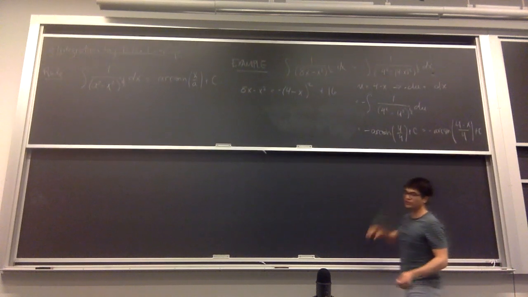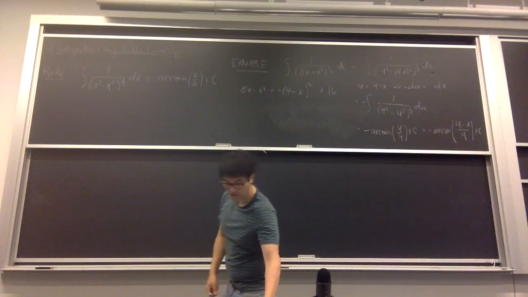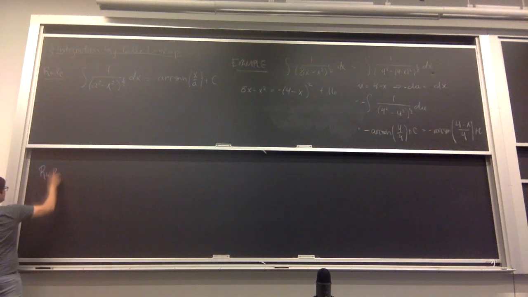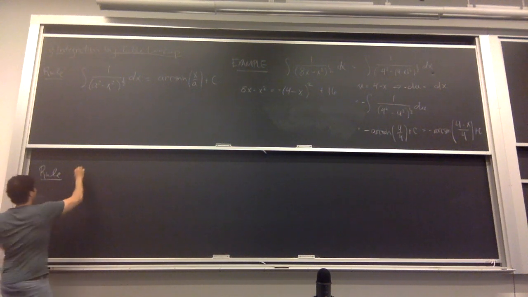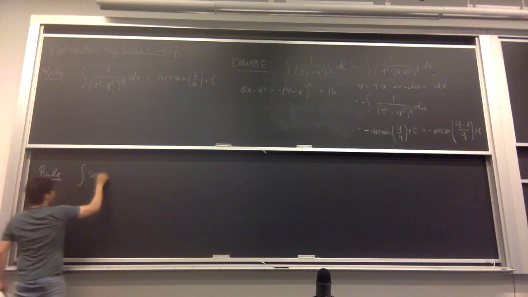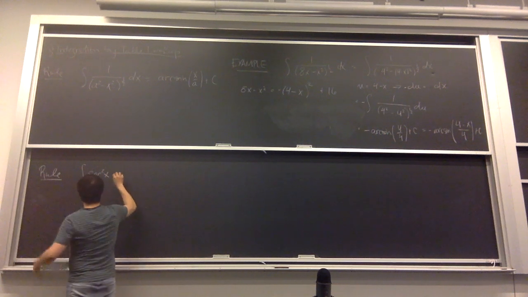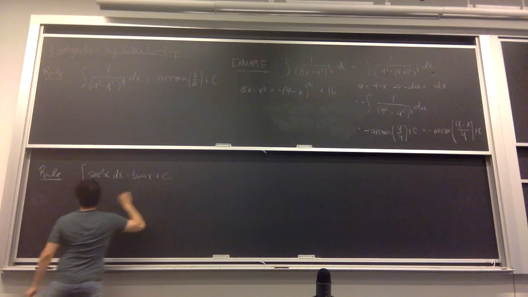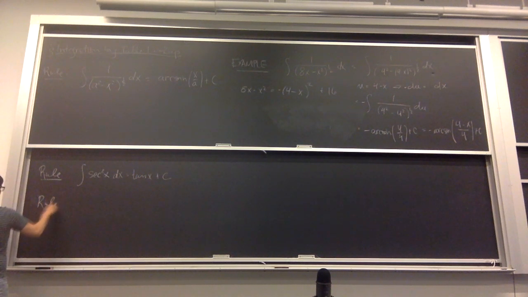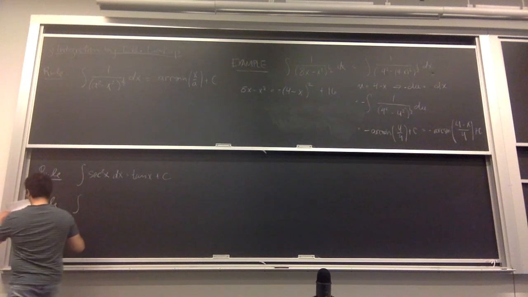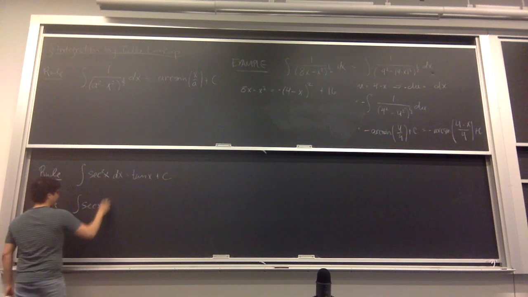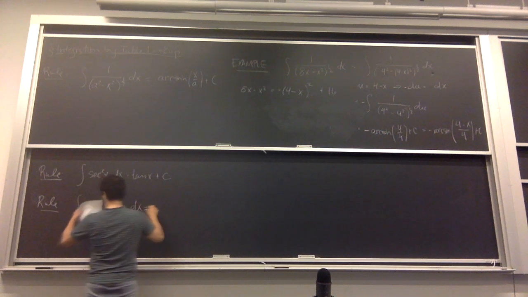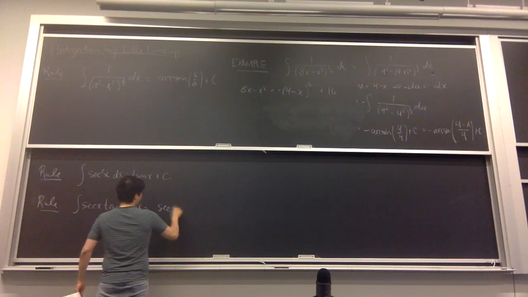So usually a substitution is quite helpful here. I'll give you 2 rules this time. The integral of secant squared x dx is tan x plus c. Here's another one. The integral of secant x tan x dx is secant x plus c.